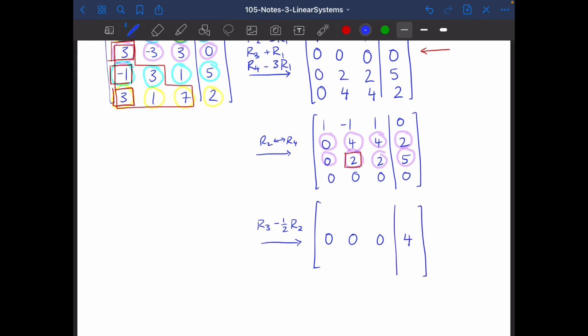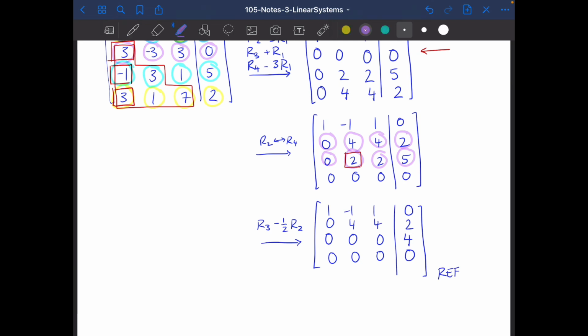And that was the only row that changed, so I have 1, minus 1, 1, 0 still in the first row, 0, 4, 4, 2 still in the second row, and my row of zeros at the bottom of the augmented matrix. Now this augmented matrix is in row echelon form.